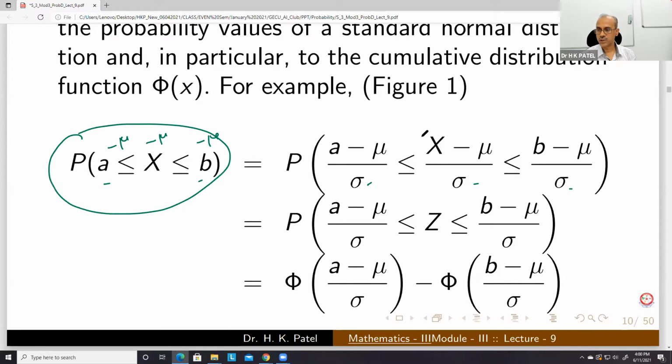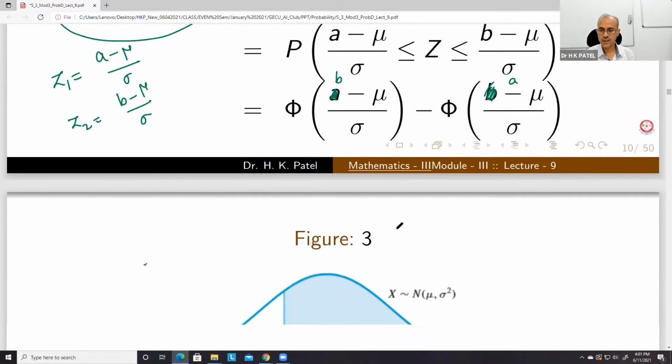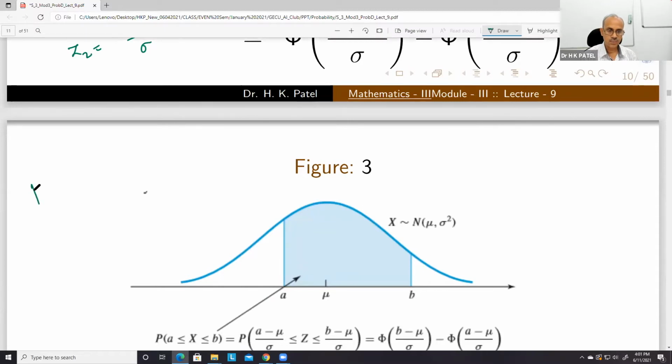So we get this. Now this middle term becomes Z, capital Z. Just a correction here: this is not actually A, but it is B, and this is actually equal to A. So if you take (A minus mu) upon sigma equal to Z1, and Z2 equal to (B minus mu) upon sigma, then this probability is actually equal to P of Z lying between Z1 and Z2.